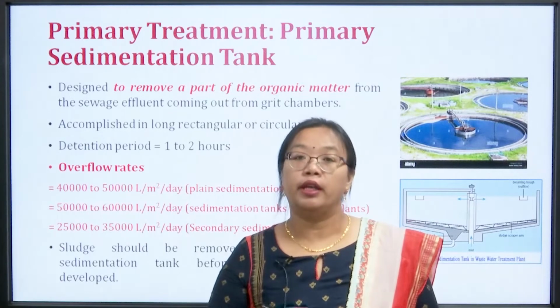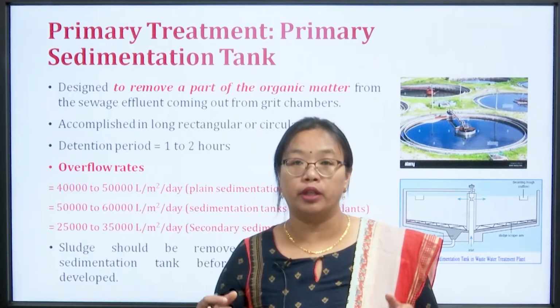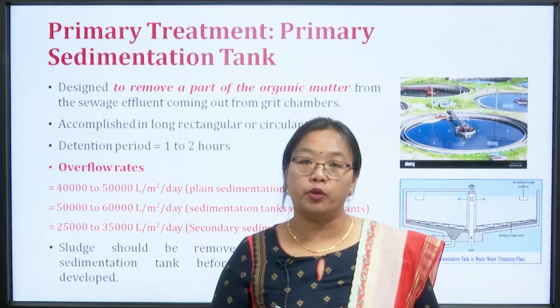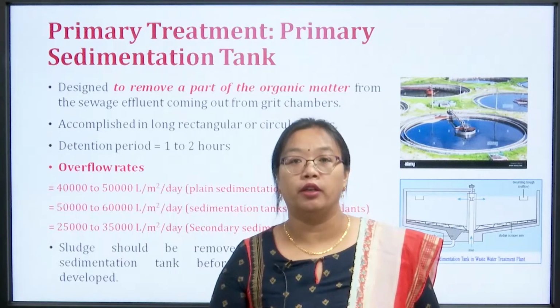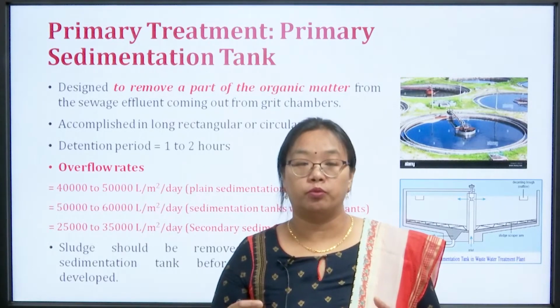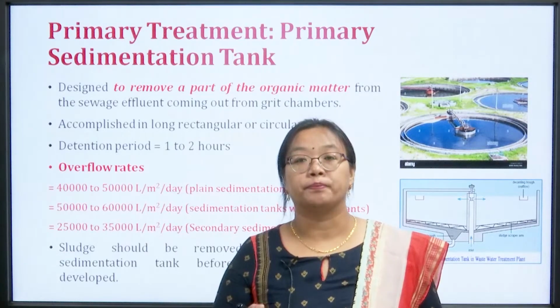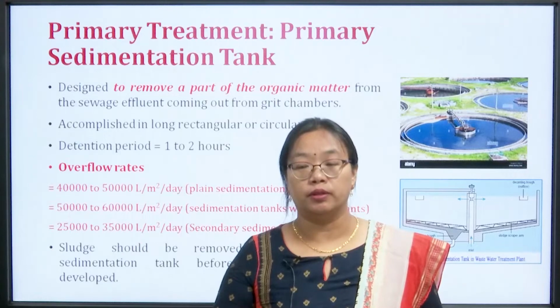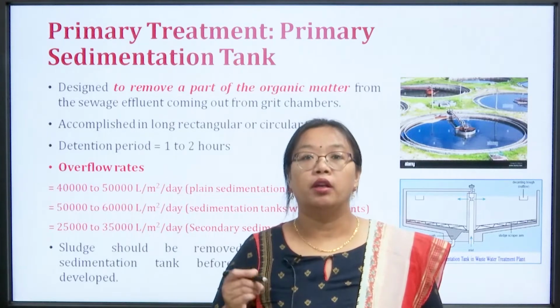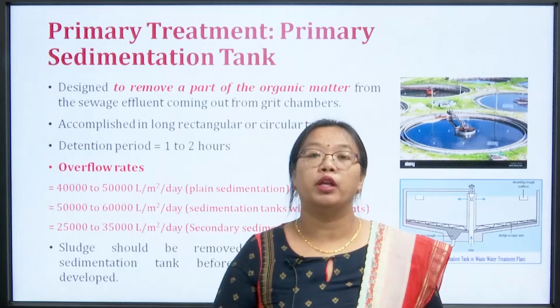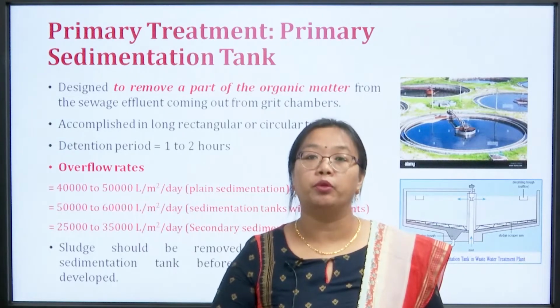As we have already discussed, grit chambers are going to remove the inorganic material from the wastewater. But in the primary sedimentation tank, they are going to remove the organic part.